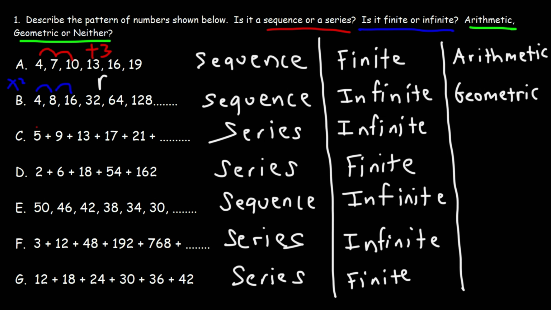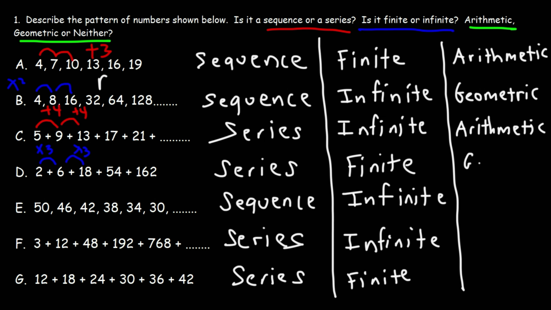For answer choice C, going from 5 to 9, that's plus 4. And from 9 to 13, that's plus 4. So we have a common difference. So this is going to be not an arithmetic sequence, but an arithmetic series. For answer choice D, going from 2 to 6, we're multiplying by 3, and then 6 times 3 is 18.